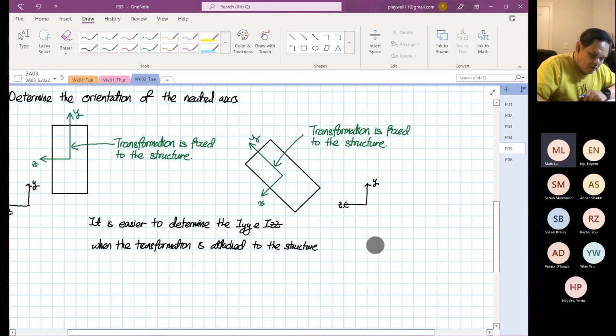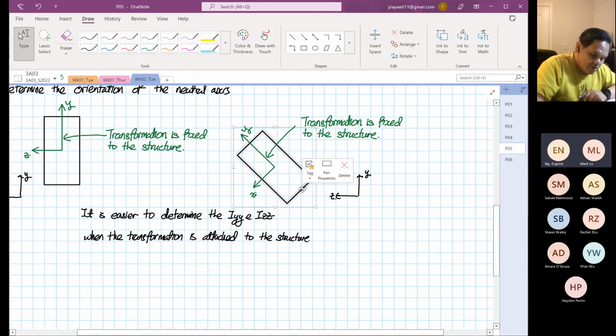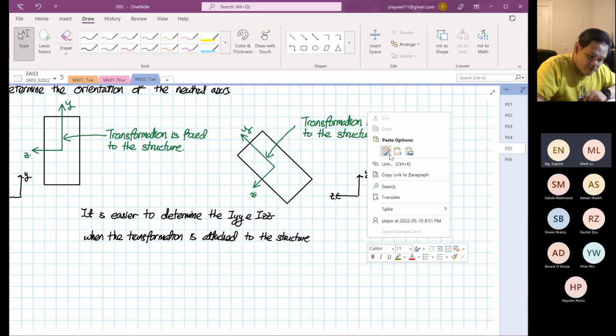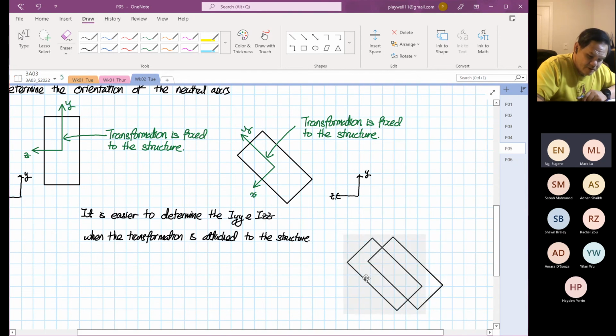Why do I say that? If we were to determine it otherwise, I'm not saying it's impossible, it's only mathematically more challenging.